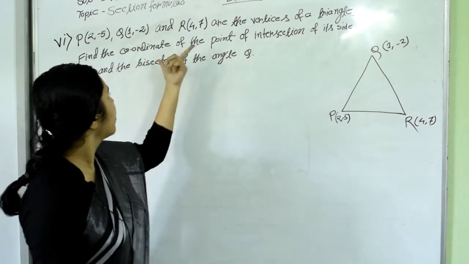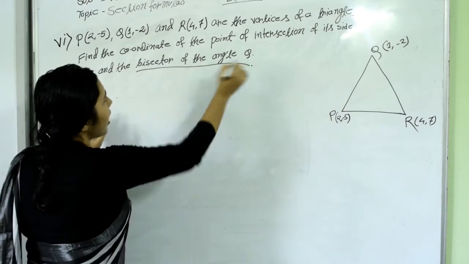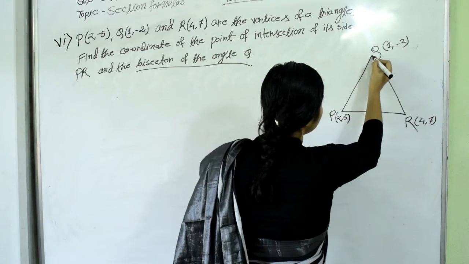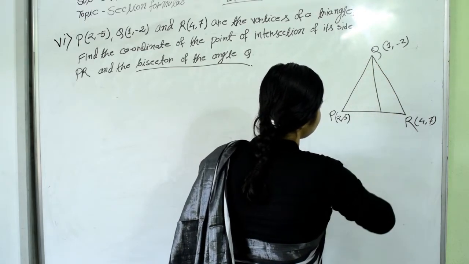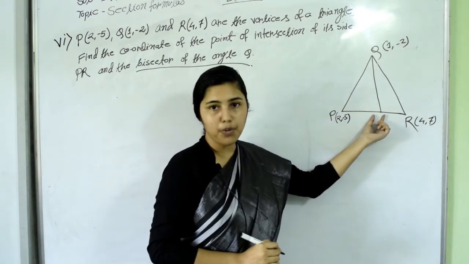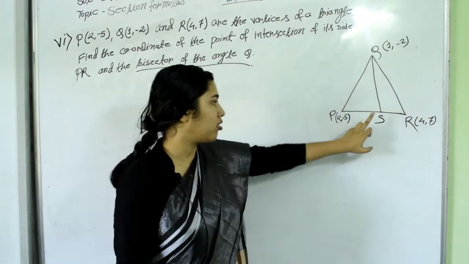Now here first the bisector of the angle Q. So first draw the bisector of the angle Q. Suppose we name this point of intersection as S. Now look here.